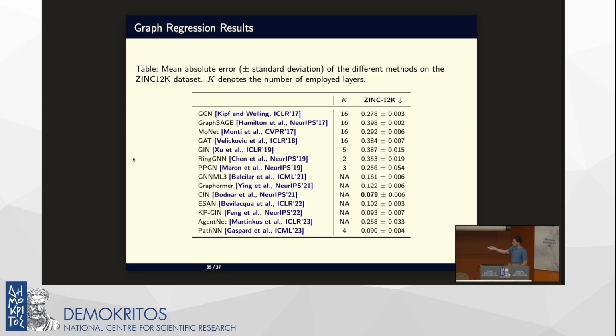You can also see that the graph transformer is competitive with the more expressive models. The achieved mean absolute error is close to that of the best performing models.